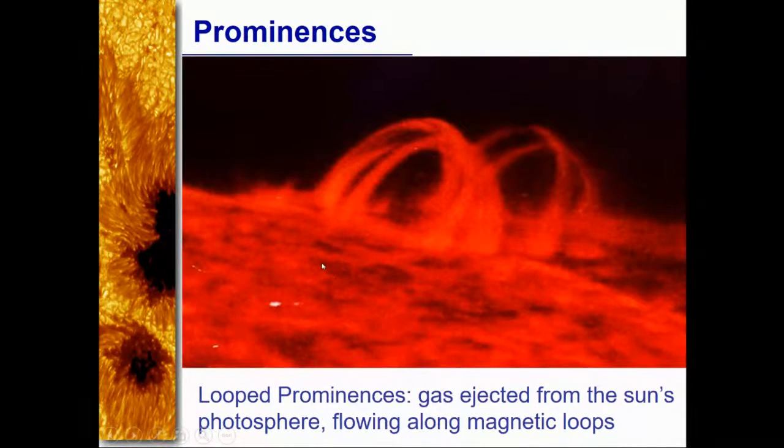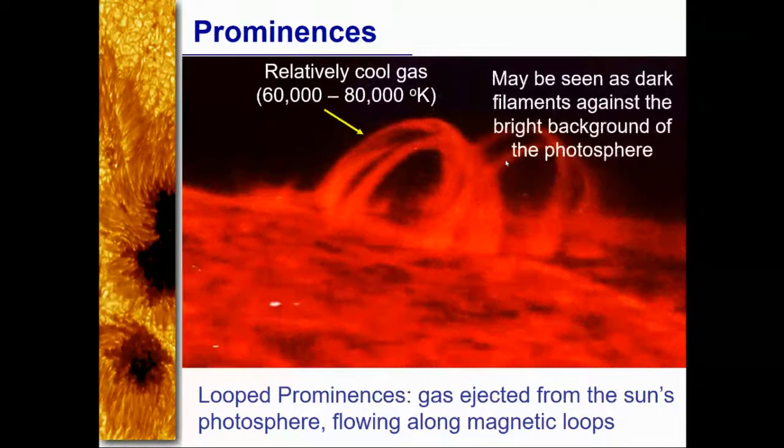Of course, it's not from the photosphere, it's from below, where it's very hot. So it will go up and then it comes back, and that basically gives us the evidence of these magnetic field lines. It's material that finds itself trapped on these magnetic field lines.